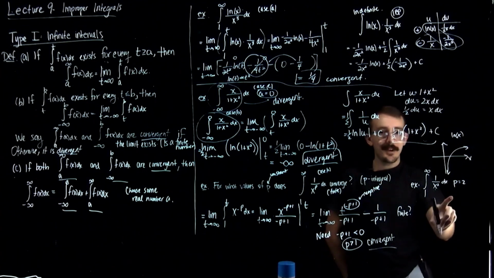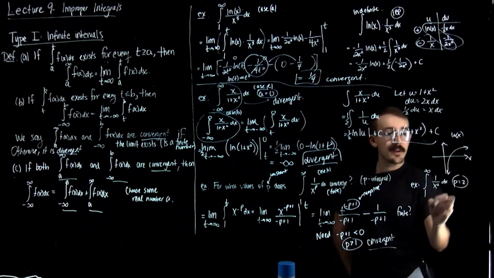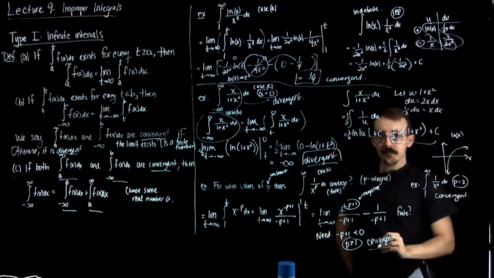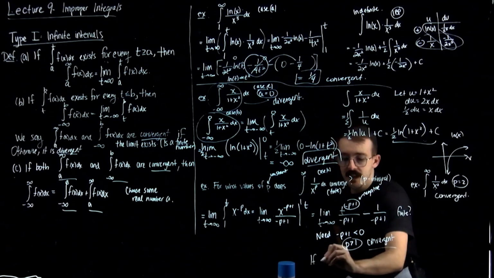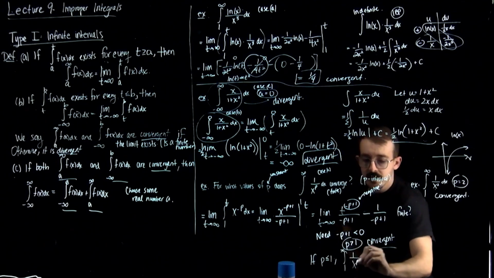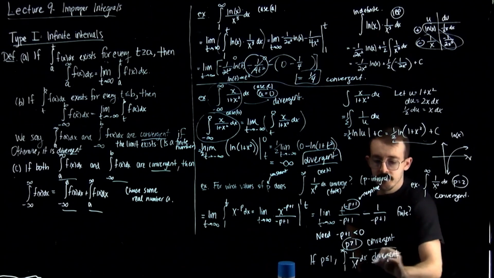So let's do my example here. Here p is 2. So as long as p is greater than 1, we are convergent. So then I should say, if p is less than or equal to 1, this integral, 1 over x to the p, is divergent.